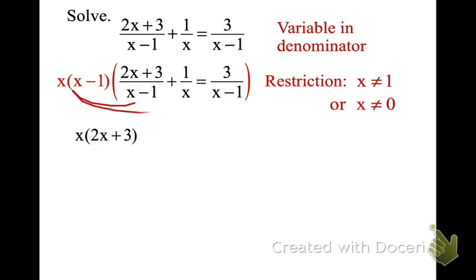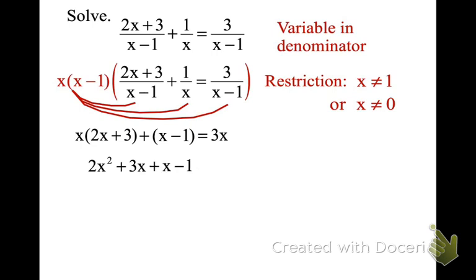When I distribute to the second one, I'm left with the quantity of x plus the quantity of x minus 1. When I distribute to the third one, I'm left with 3 times x. And then we distribute: 2x squared plus 3x plus x minus 1 equals 3x.